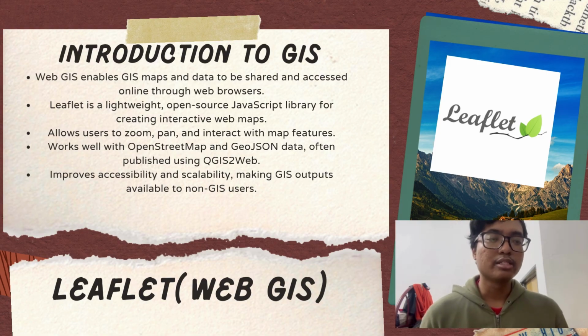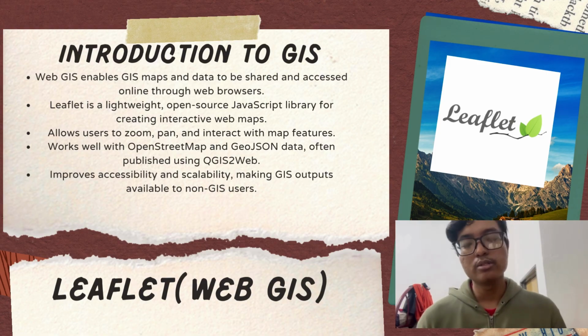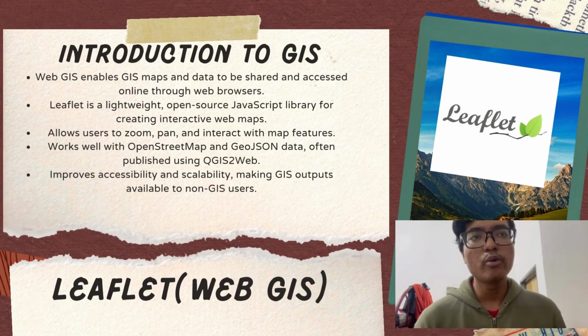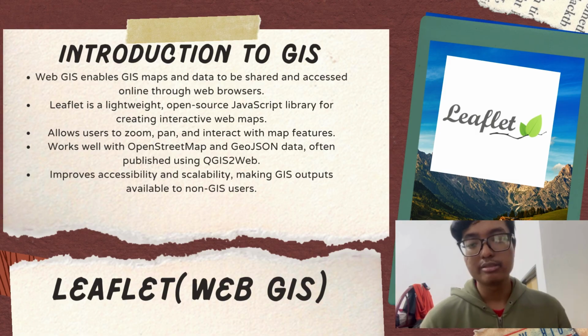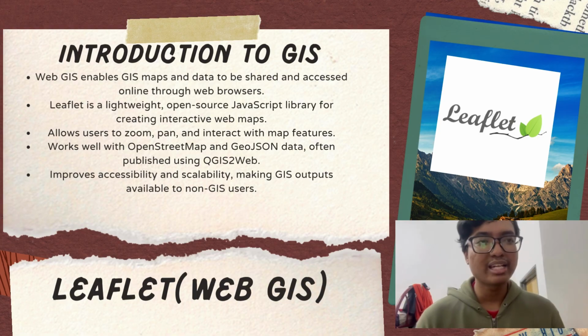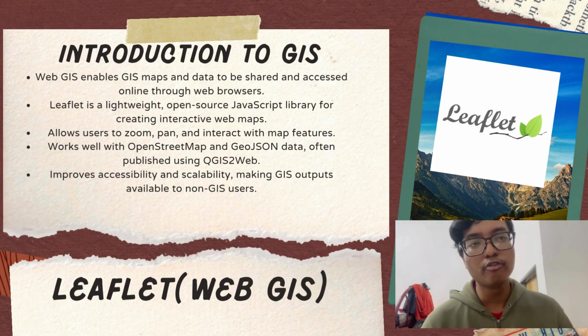It allows users to zoom, pan and interact with the map, the basic features. It also works well with OpenStreetMap, which we use a lot with QGIS, and because of how light it is to run, it improves accessibility and scalability, so it's very easy to use. Everyone can see the GIS outputs of it.